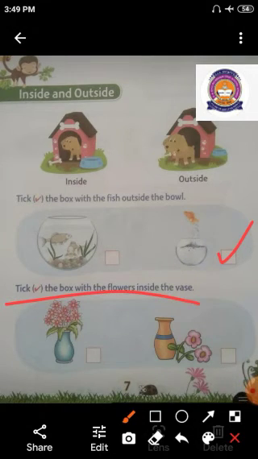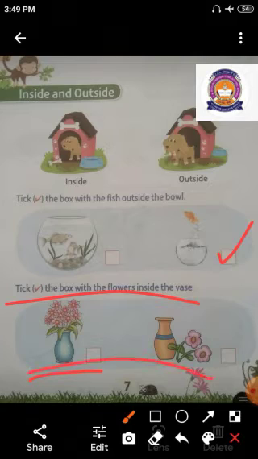Second example, tick the box with the flowers inside the vase. Do you know flower vase, children? Yes.